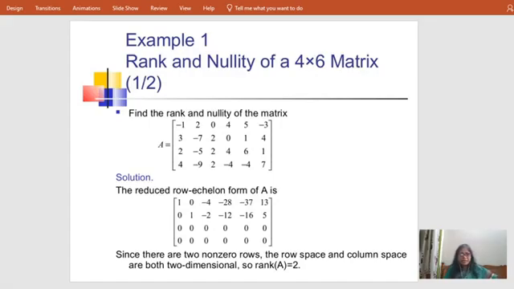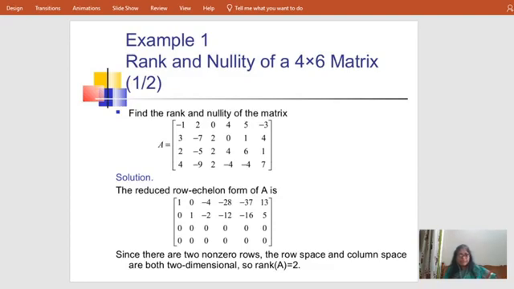I am going to read it row wise. There are 6 columns. First row: -1, 2, 0, 4, 5 and -3. Second row is 3, -7, 2, 0, 1 and 4.